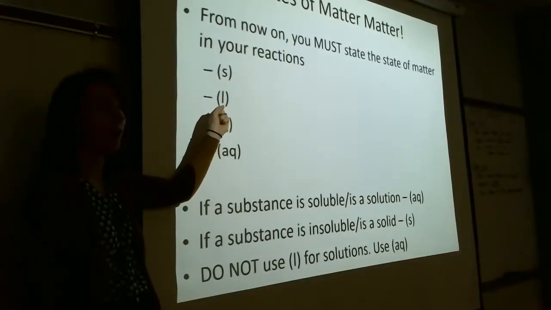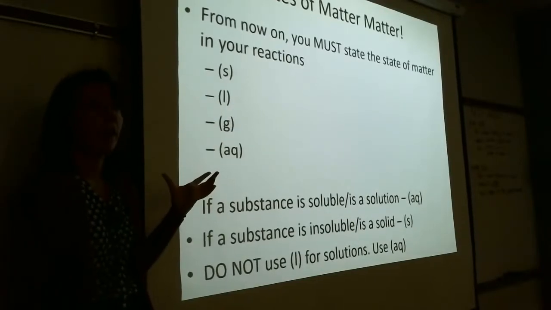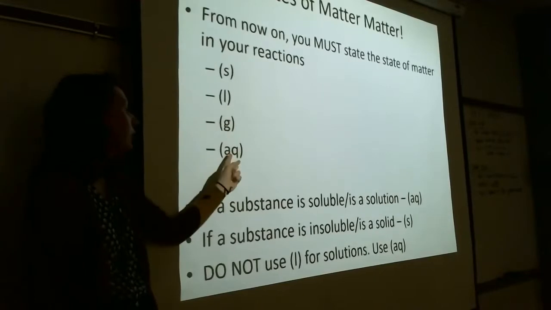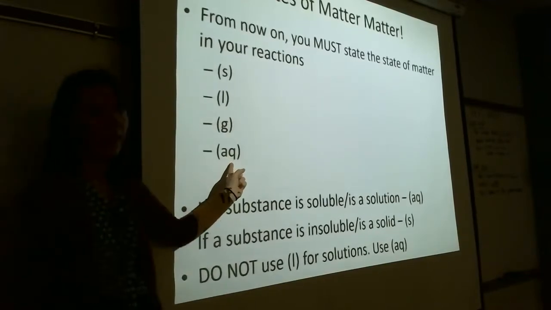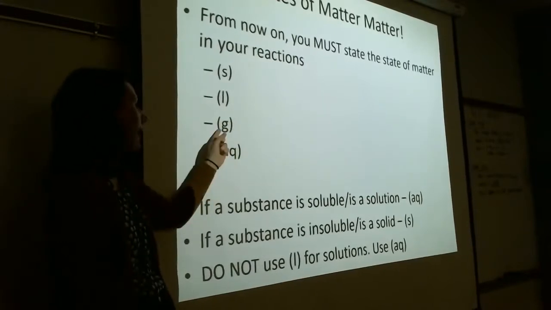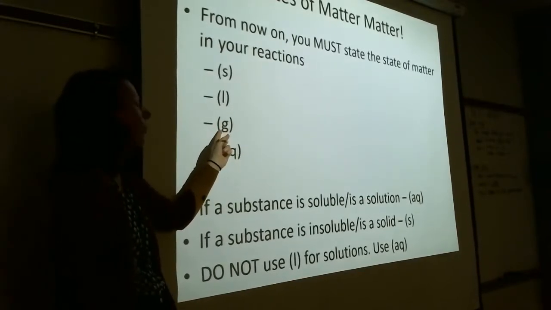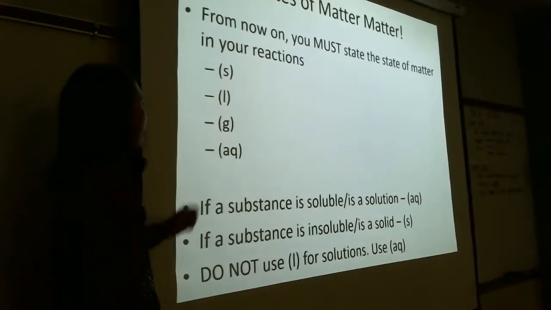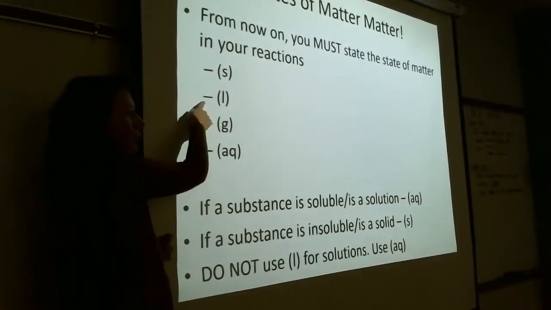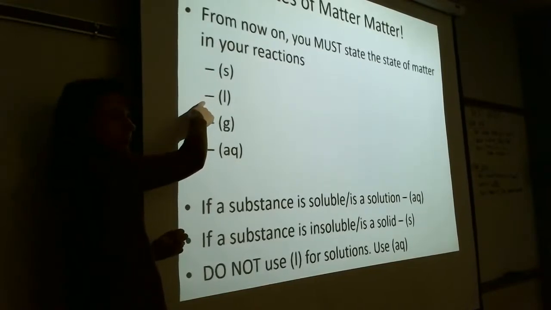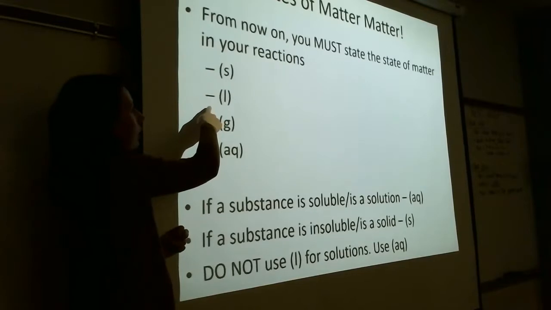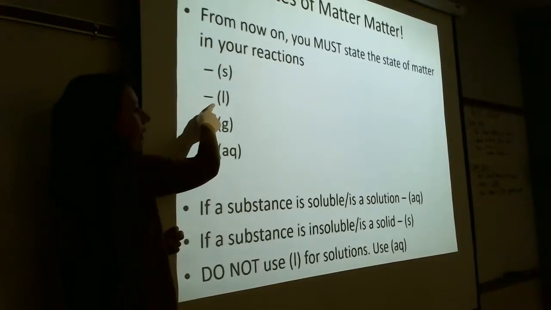So if you've got a solution, for instance an NaCl solution, you would not use L, you would use AQ. AQ means aqueous, L means liquid, and then gas. Nobody really worries about gas. I think everybody understands what gas is. But don't confuse liquid and AQ. Liquid is when you have a pure liquid. So CH3OH(L) will be liquid.